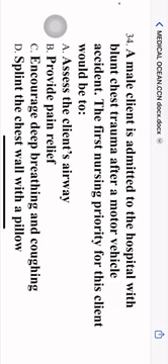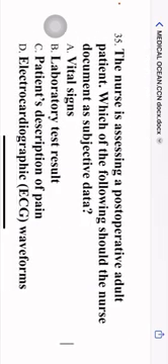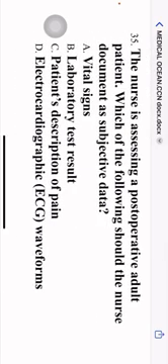Which one of the following is correct? First of all, you should follow ABC: assess the client's airway.